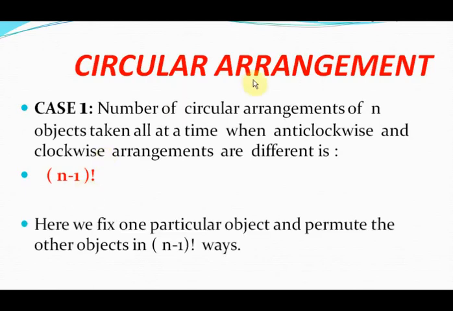Now what we are doing here is we are fixing one particular object. So how many objects are we left with? n minus 1. Now these n minus 1 objects are arranged around the fixed object in (n minus 1) factorial ways.